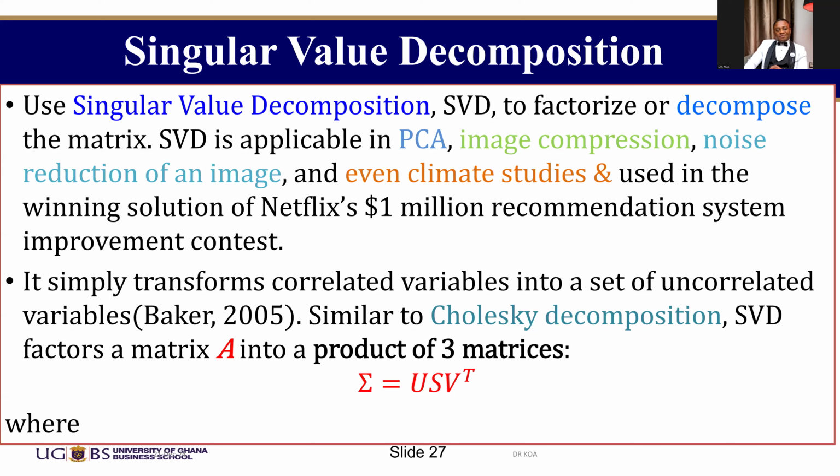And we indicated that in order to actually do the principal component, we need to use a method in matrices known as singular value decomposition. What this method basically does is that it helps you to factorize or decompose the matrix. If you can remember, factorization is more or less like the opposite of expansion.